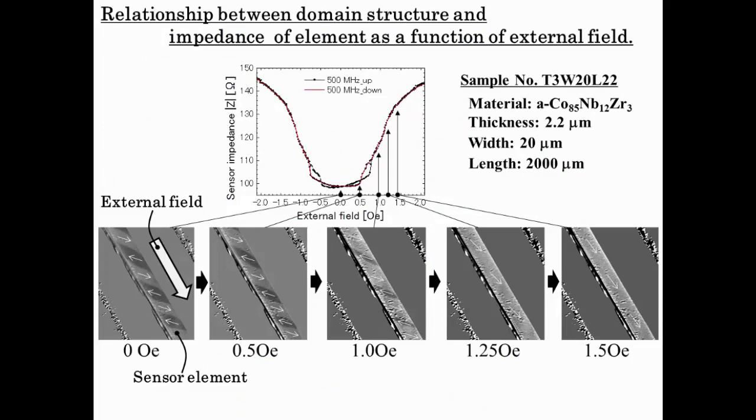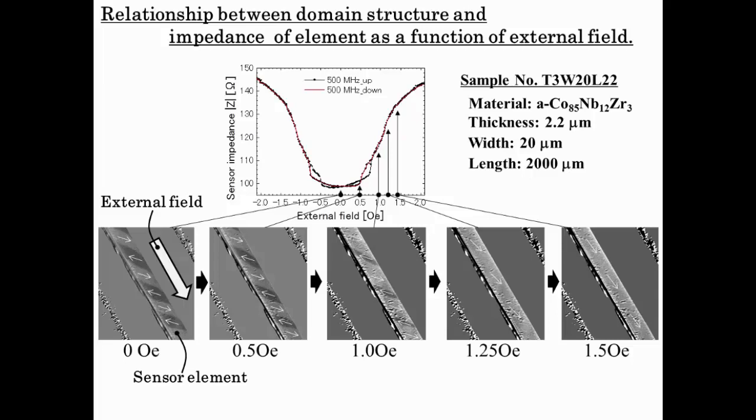The element is made of amorphous cobalt niobium zirconium, with a thickness of 2.2 microns, a width of 20 microns, and a length of 2000 micrometers. The lower picture shows the magnetic domain image. When the external field is zero, the impedance is at its minimum value, and the magnetic domain has an inclined Landau-Lifshitz-like domain.